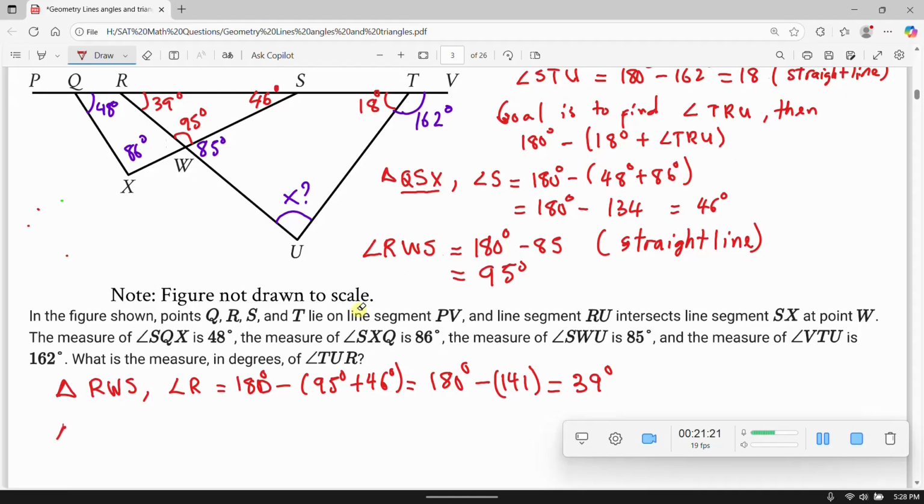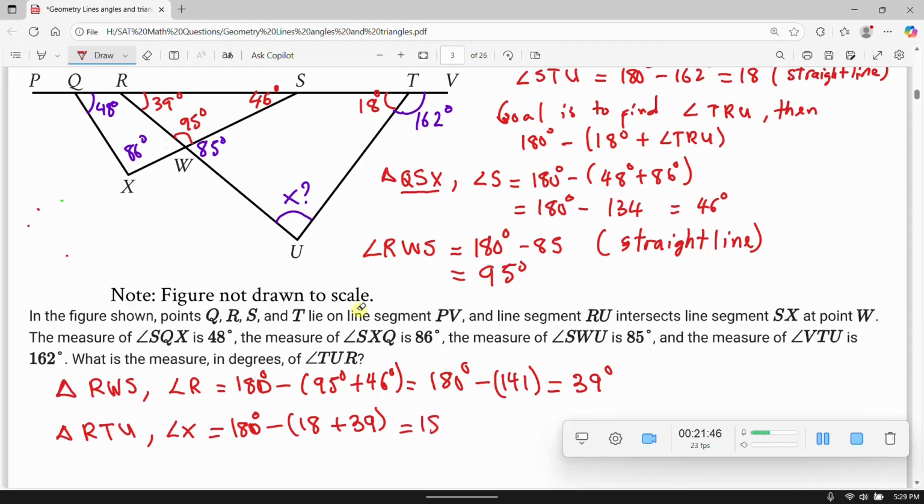So now we're going to use the triangle RTU. So the angle X is going to be equal to 180 minus 18 plus 39.